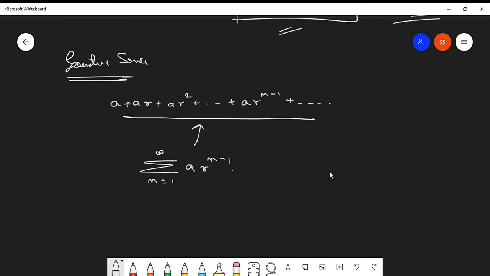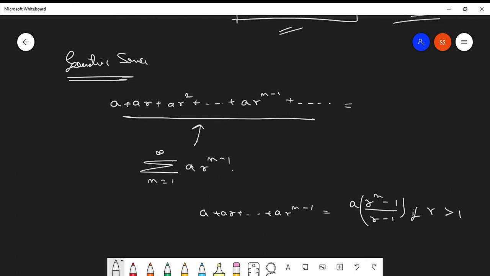Clear? Got it? Now see what happens. If this sequence is finite, that is, if we have a plus ar and so on till some nth term, then you can write it as a times r to the power n minus 1 over r minus 1. When is this possible? If r is greater than 1, right?